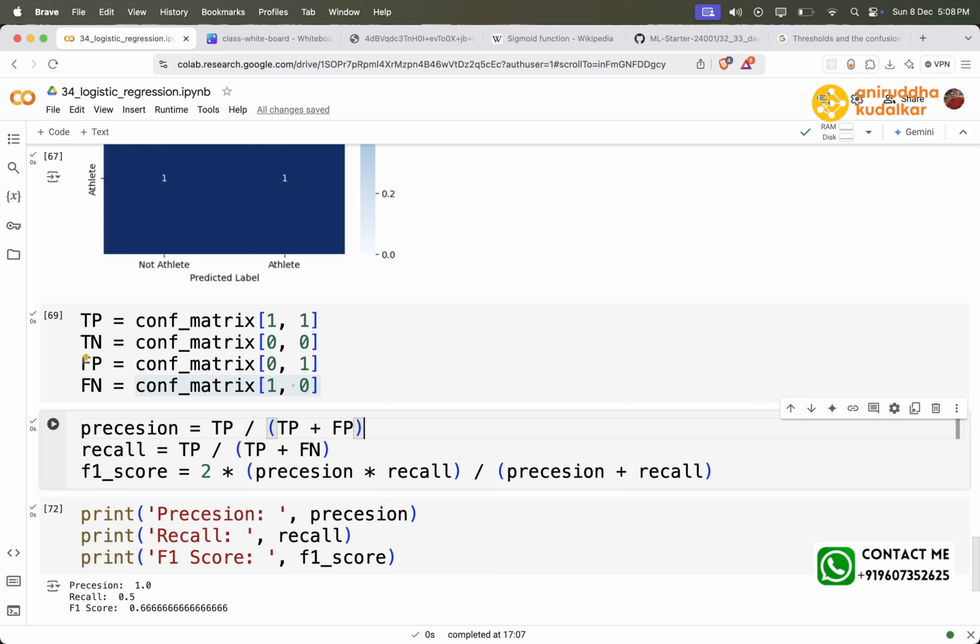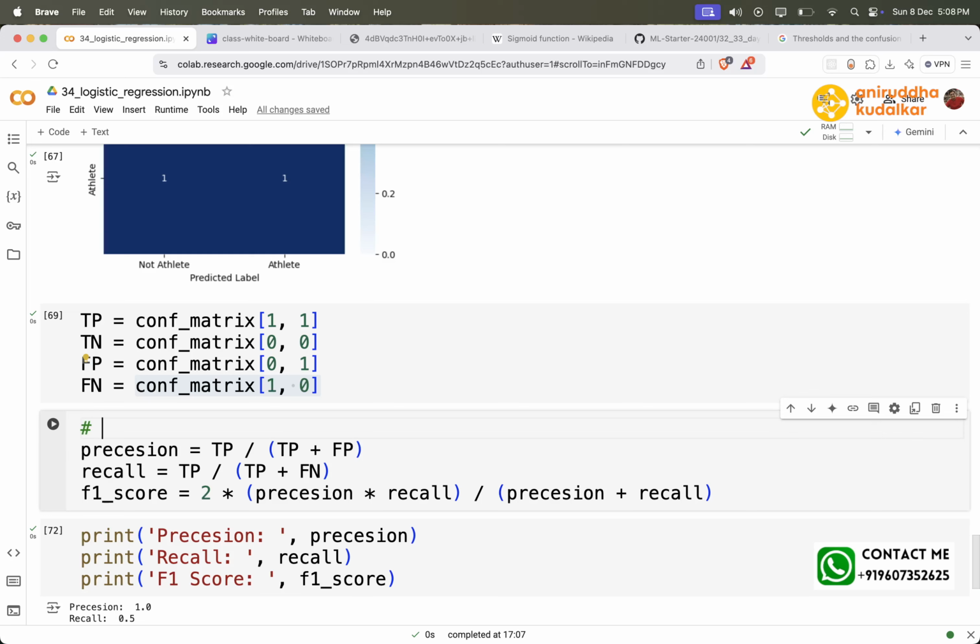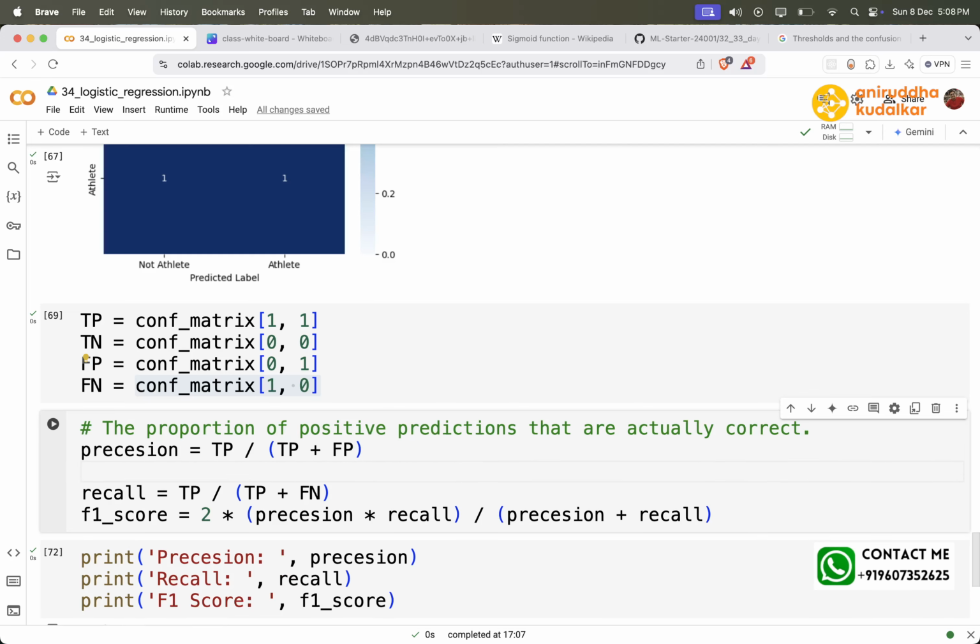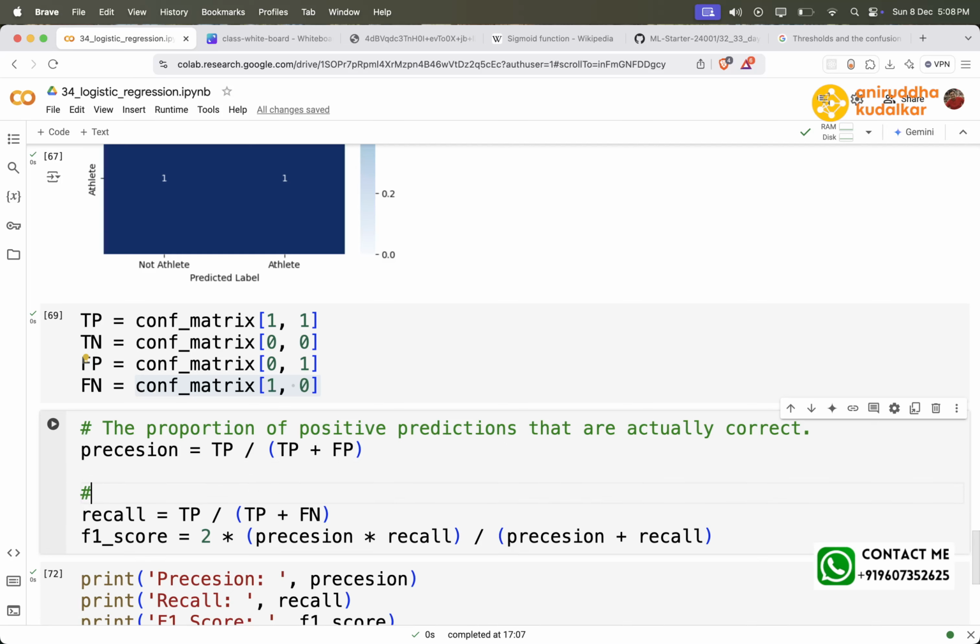Recall. What is recall? The proportion of the actual positive cases that the model correctly identifies. What is precision? The proportion of positive predictions that are actually correct.